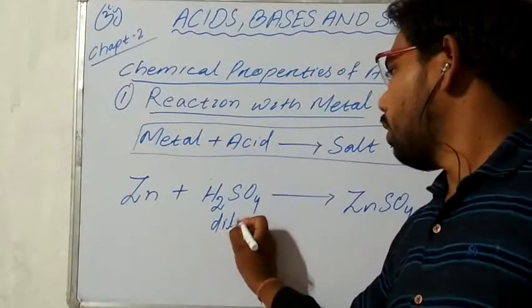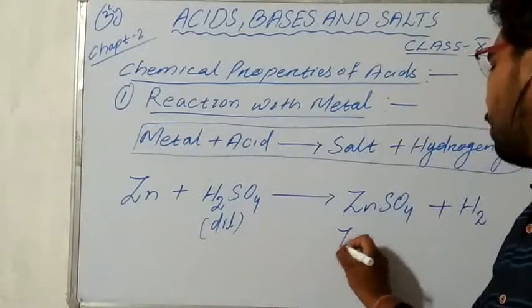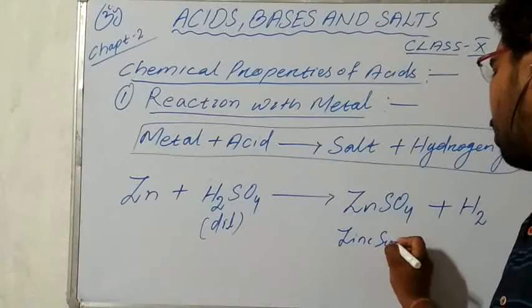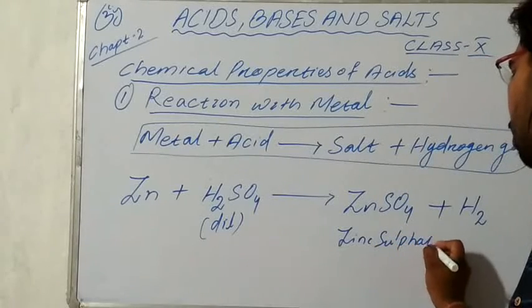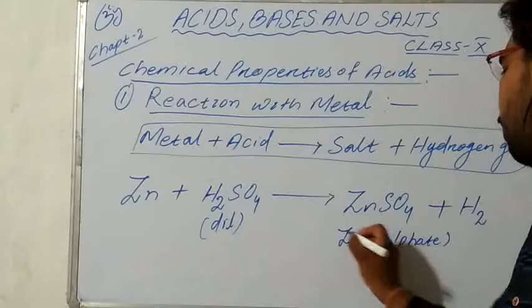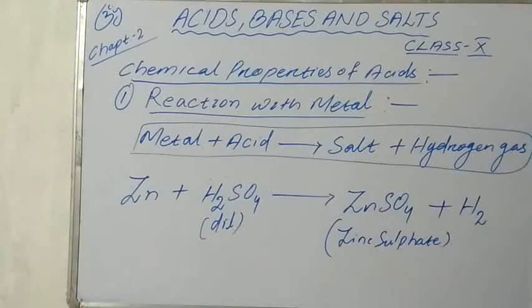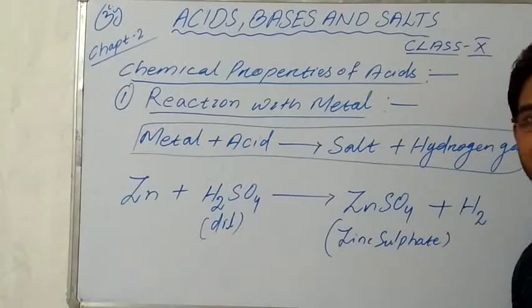In dilute state also they react, and zinc sulfate salt is formed. So this is one of the examples of metals reacting with acids.